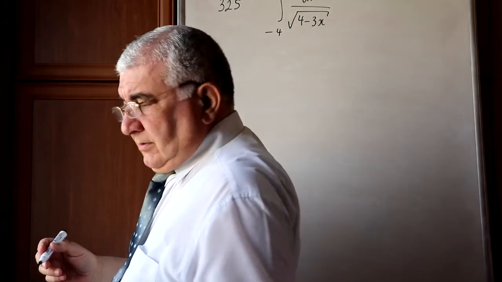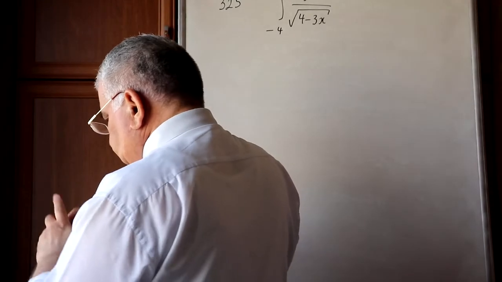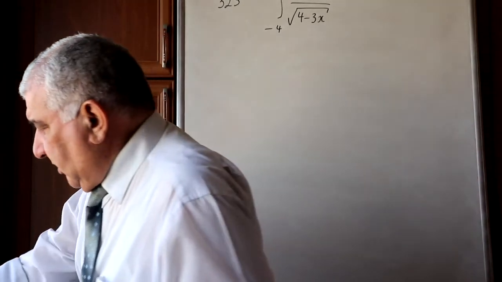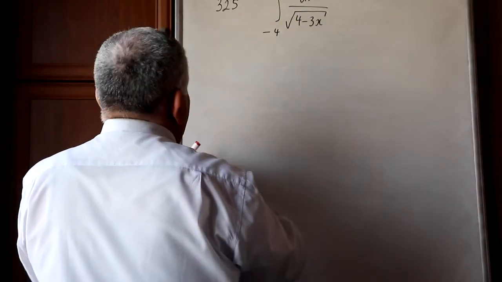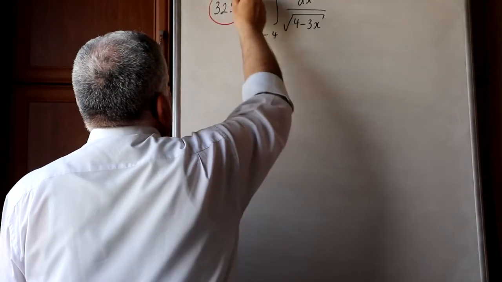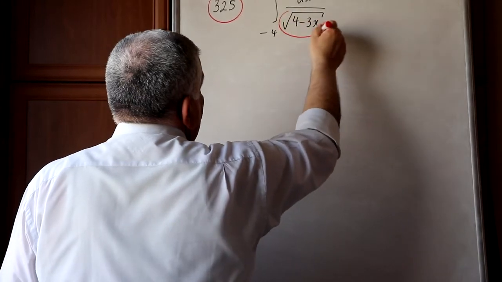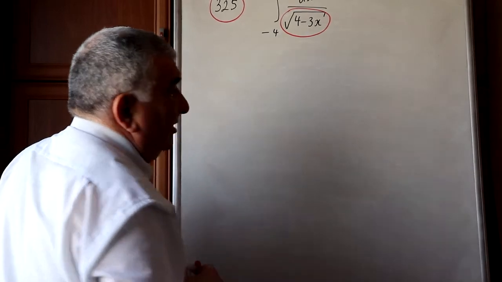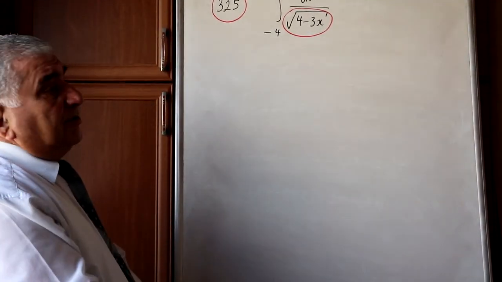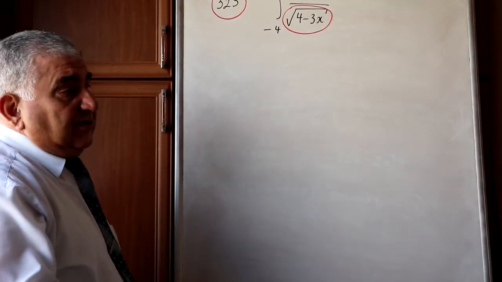Here we can change the root itself by a new variable t. For example, let square root of 4 minus 3x be t. Also you can change only the root expression.